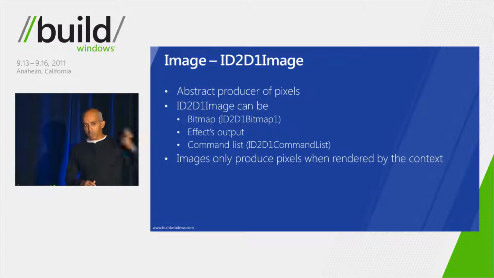We have two other concepts of an image. The output of an effect itself is an image. And then the other image type is a command list. So Megha covered that in quite a bit of detail in the previous talk. But a command list is essentially a way to capture rendering commands for caching and using later, primarily for printing.